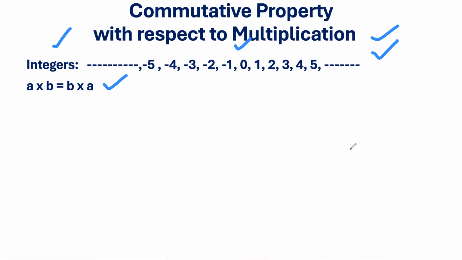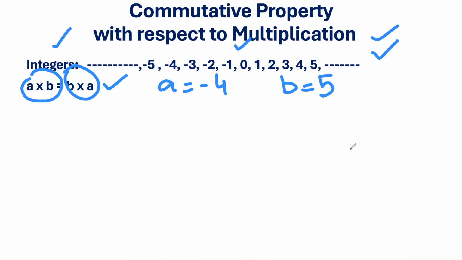So take any example of a and b from the given set of integers. A is equal to -4 and b is equal to +5. You can take, or both can be negative. In the next example, we will take both negative. Now you have to check a multiplied by b. This side should be equal to this side.